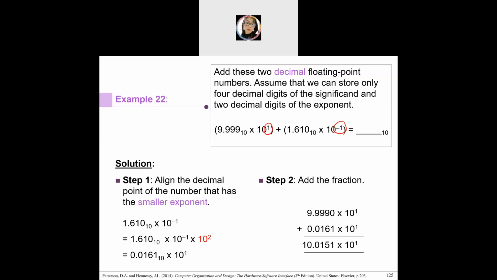Maybe you can make it smaller or bigger, as in your previous normal mathematics. But in the COA subject, it asks you to go for the smaller exponent. Which one is smaller? This is the smaller, which is -1. That's why we need to change this.